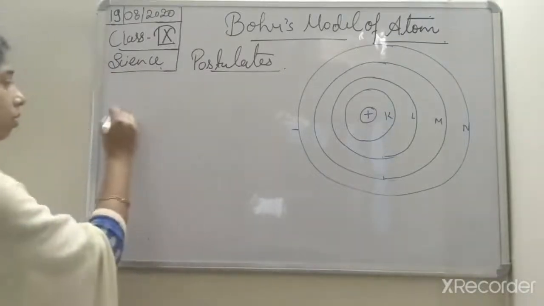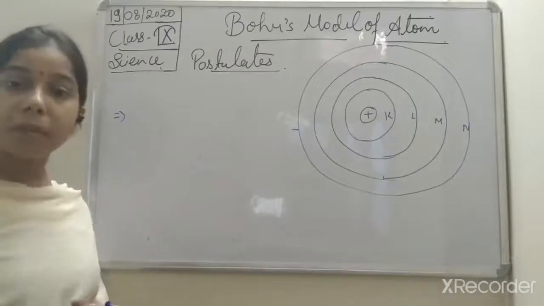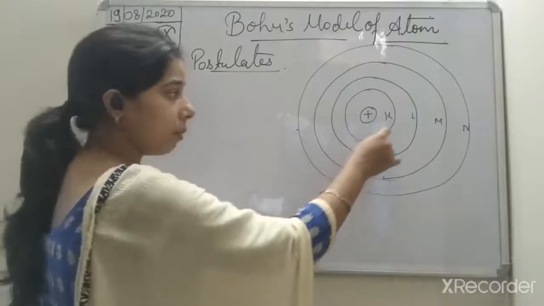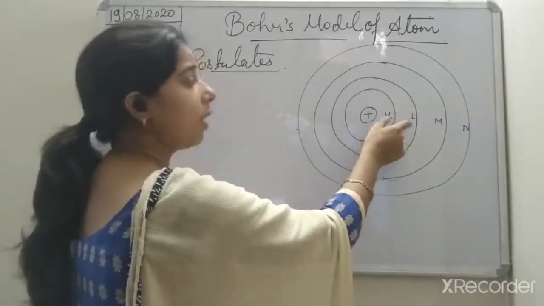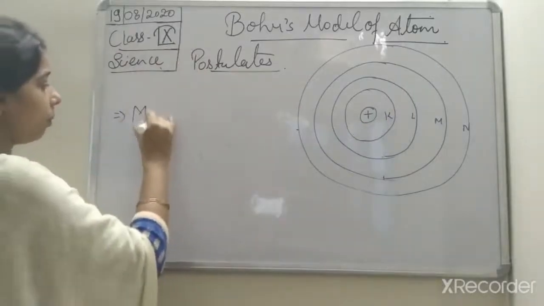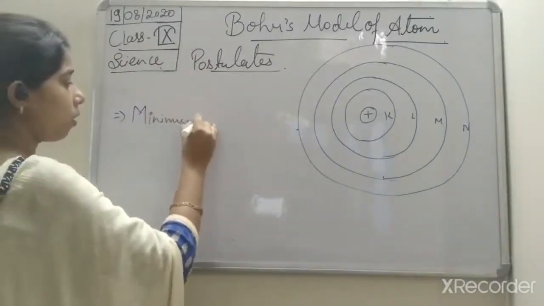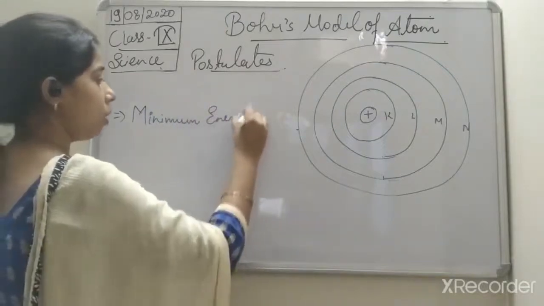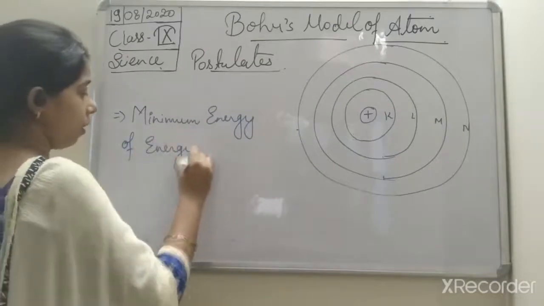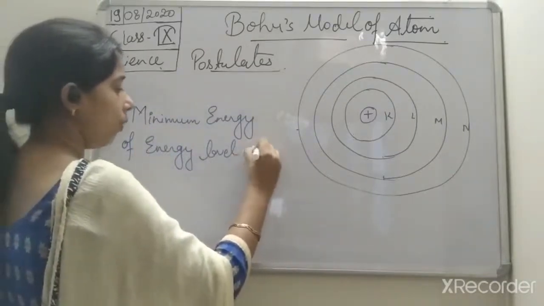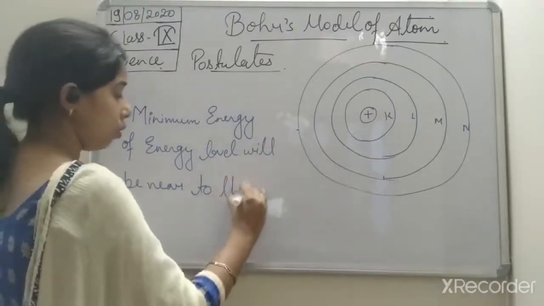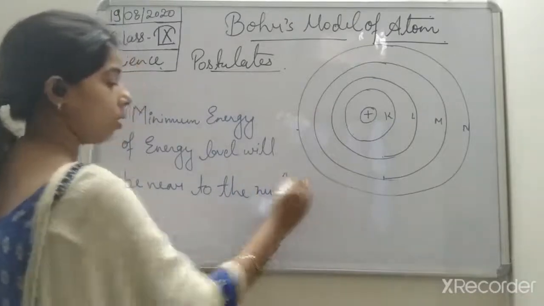Now the electron which is having the minimum energy will go to the energy shell which is having the minimum energy, and the minimum energy level will be near to the nucleus.